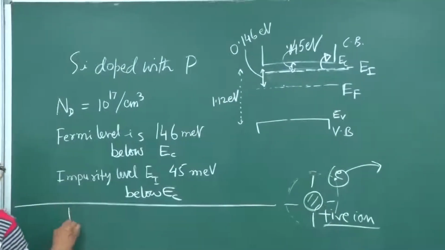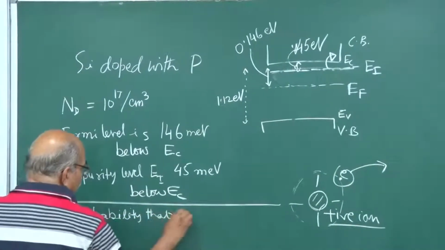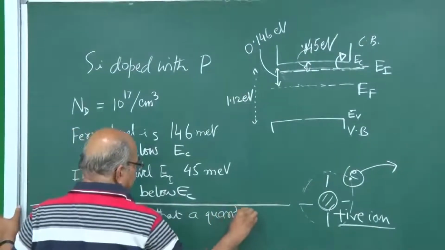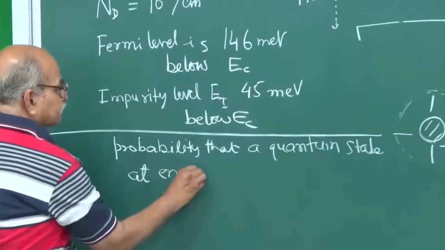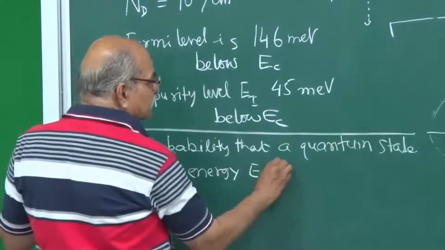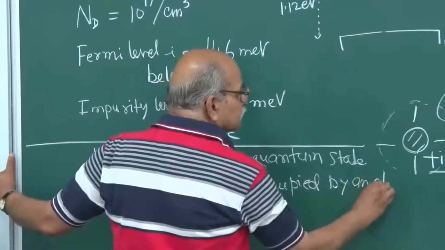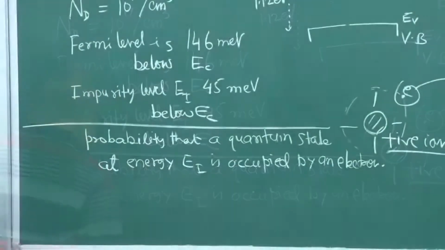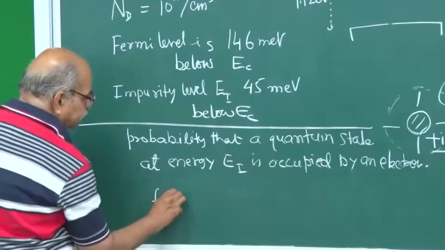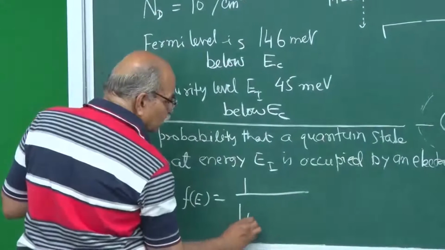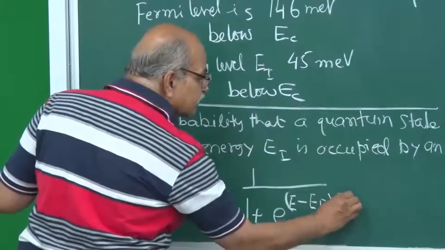So the probability that a quantum state at energy EI is occupied by an electron will be given by the Fermi function f of E, which is 1 divided by 1 plus e power (E minus EF) over kT.